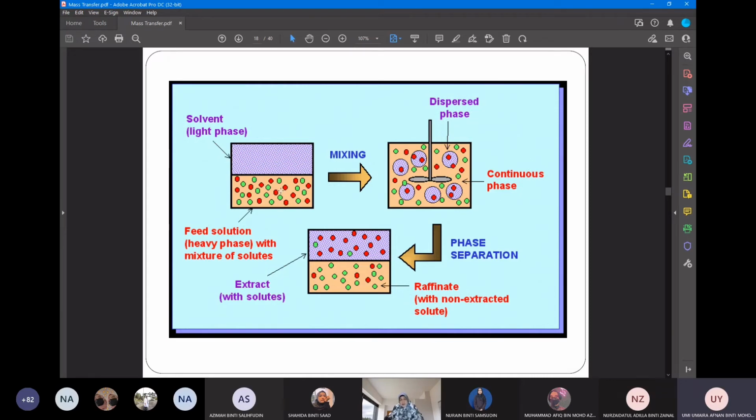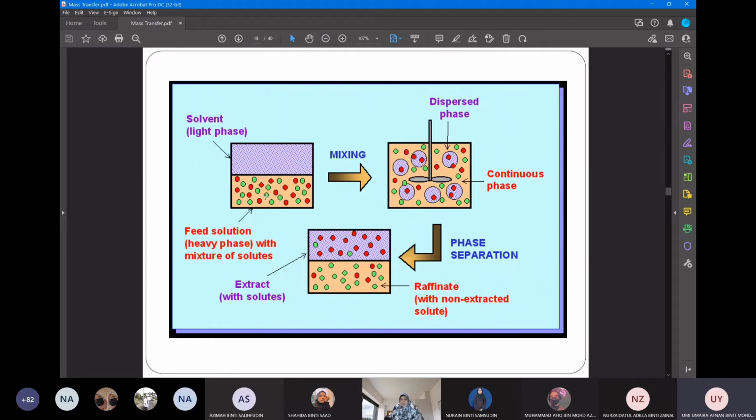When you use the proper, correct solvent, vitamin C will be separated from the feed solution and attracted to your solvent. So all the vitamin C will move to your solvent, but the other components will remain in the feed solution. That is our objective.